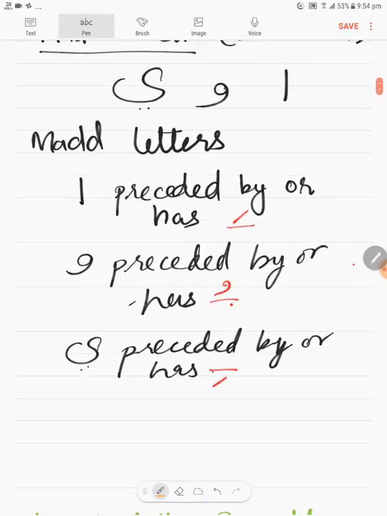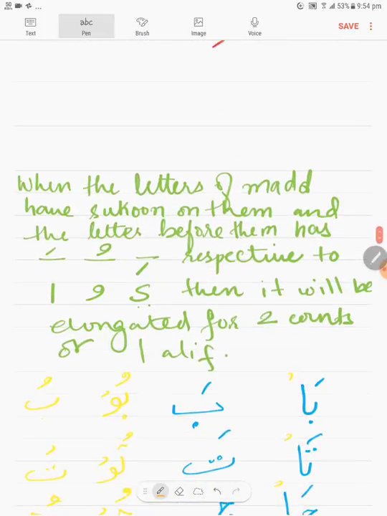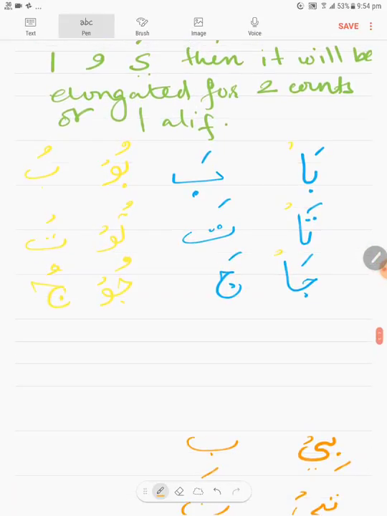Coming again, this is how you will spot the Madul Asli: these letters are available, alif, waw and ya. Alif has to be preceded by a fatha, waw has to be preceded by the dhamma, and ya has to be preceded by the kasra. When that happens, it is elongated just for 2 counts, for 2 measures. Ba, ta, not ba, ta, no, don't elongate it further.